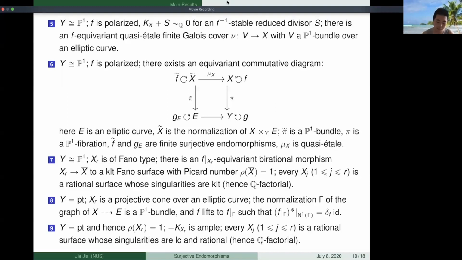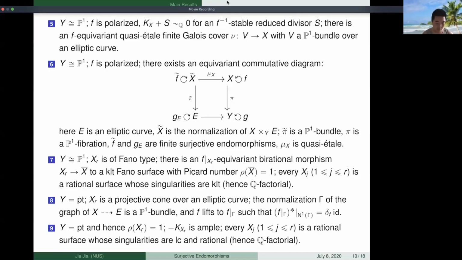And then we have another elliptic curve E, homomorphism to this Y. And X_delta is the main part of the normalization of the fiber product X cross E over this Y. We know this pi_delta will be a P1 bundle. And this pi is just a P1 fibration. Also, this mu_X is quasi-étale.